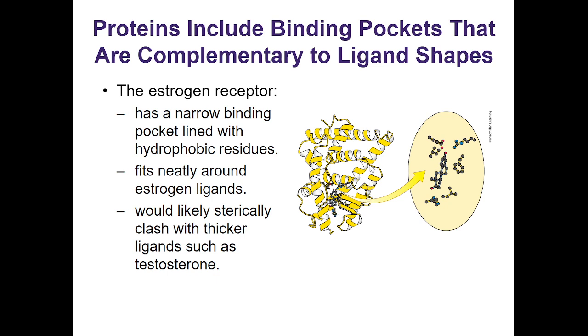So you guys tell me, I'm tired of talking. Tell me what's going on with this. Can it be too big? Could your pocket, your receptor site, be too big for your ligand? Oh yeah, right?